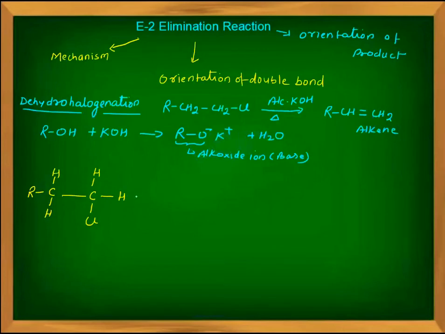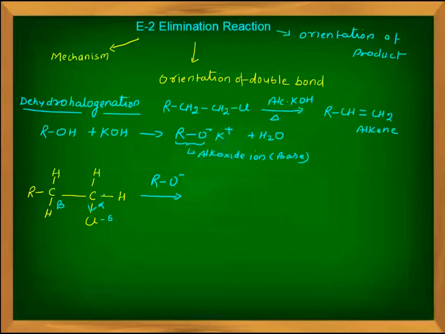See, the base alkoxide ion has a tendency to abstract the most acidic hydrogen first. As we know, chlorine is electron withdrawing. That is why chlorine has a tendency to take the electron from the carbon. So this chlorine gets a partial negative charge, and the electron density around this carbon decreases. This carbon is called the alpha carbon and this is the beta carbon.